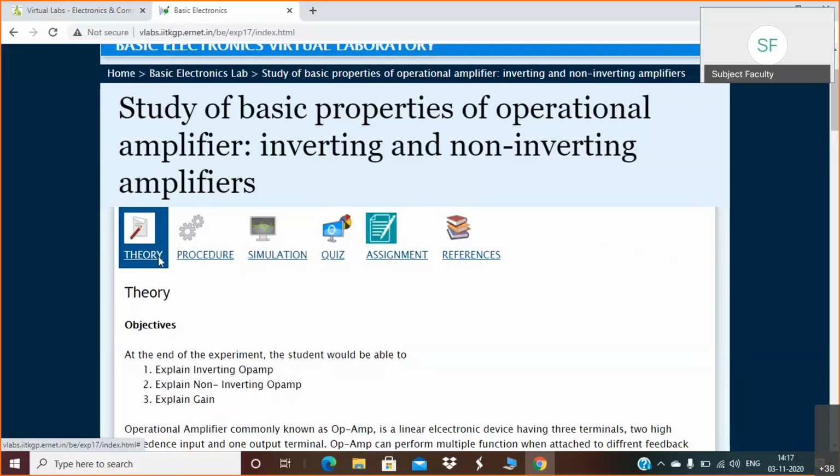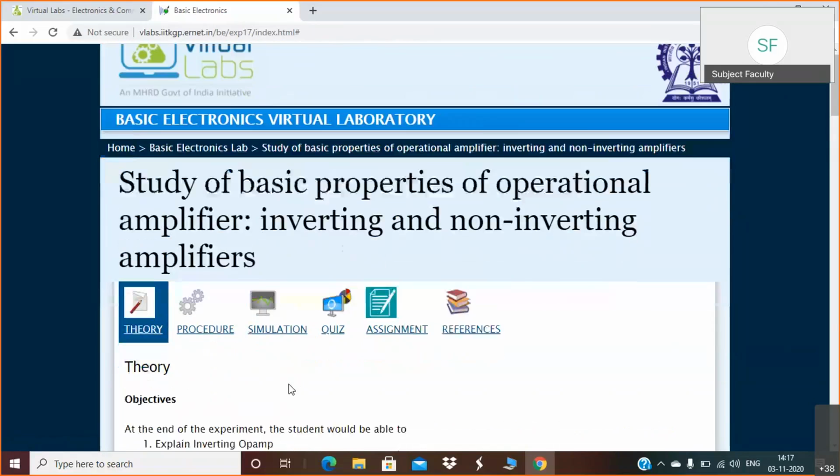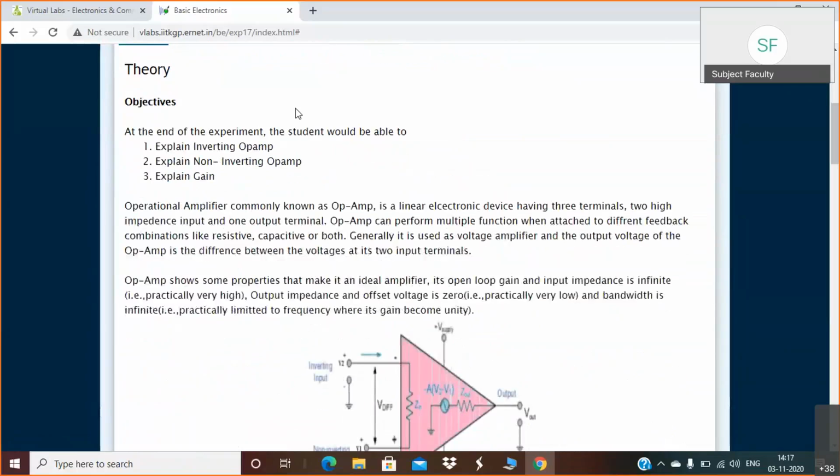Under theory, you can see there are the objectives. What are the objectives of this particular lab? At the end of this experiment, students would be able to explain what is an inverting amplifier, explain a non-inverting amplifier, and explain what is gain.